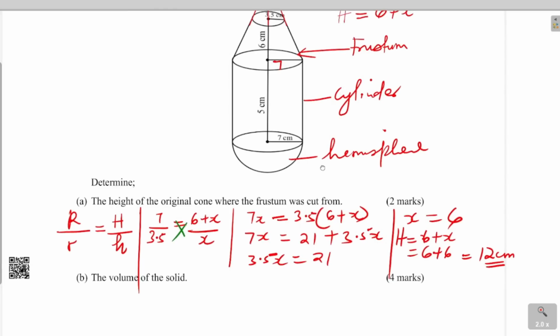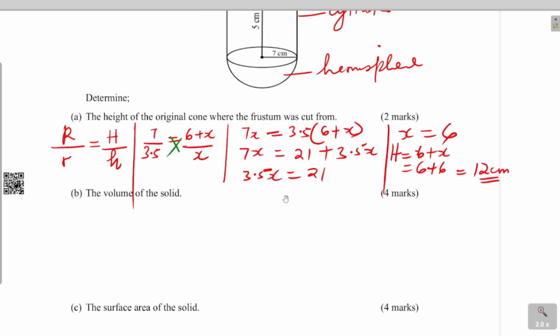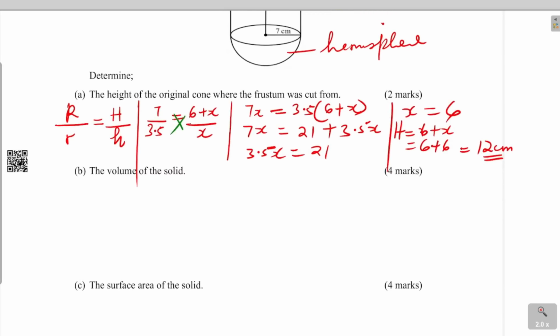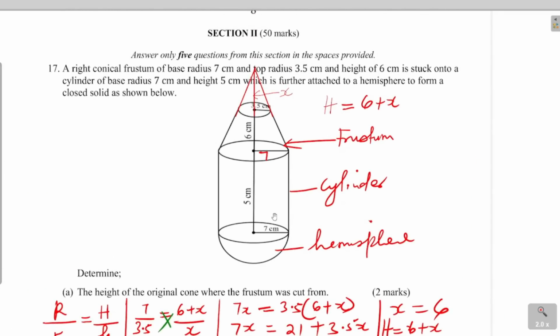So the volume of the bigger cone. How do you get the volume of a cone? Volume is a third pi r squared height. Do we have everything? For the bigger cone, we have the height, which is 12, and the radius. The smaller cone, again, we have the height, which is x, and the radius.